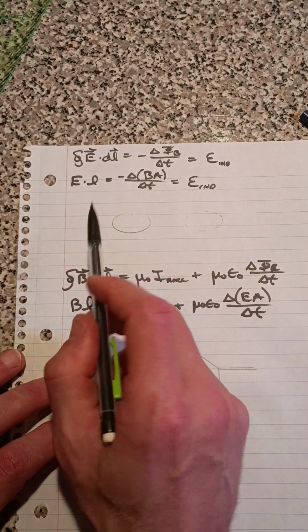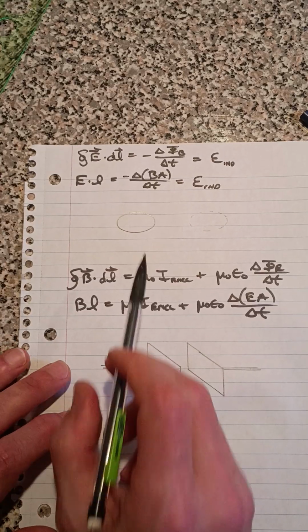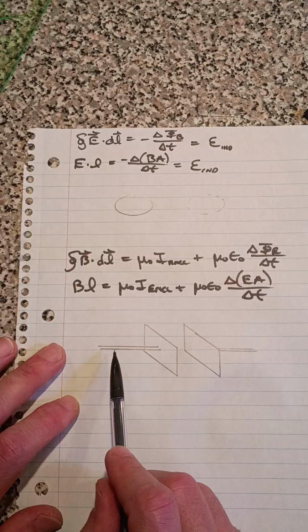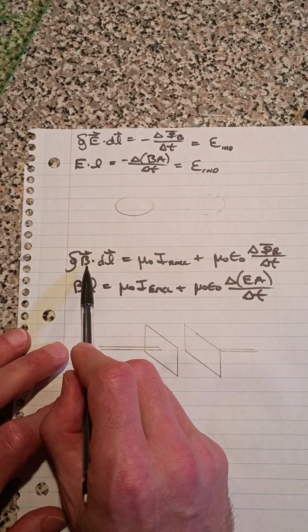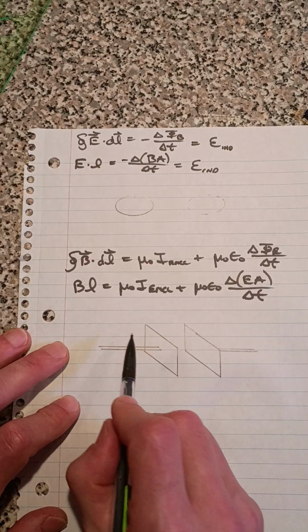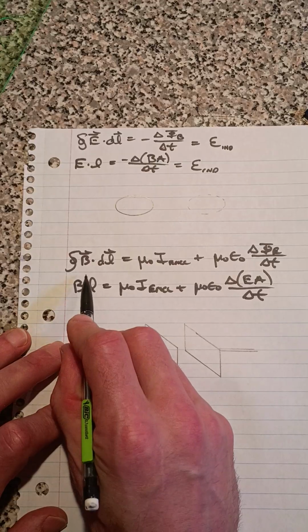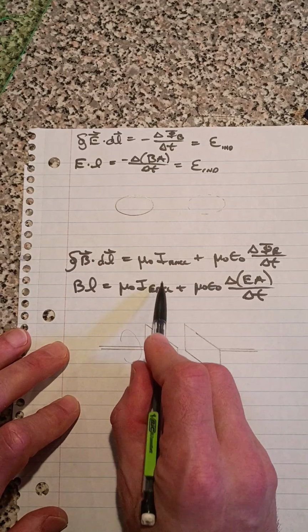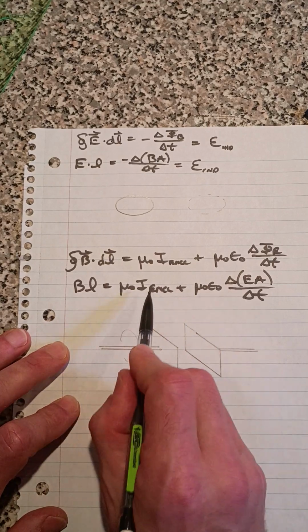Now, what is happening and what does Faraday's law mean? But before I get to that, let's look down here. This is Ampere's law. So this is saying that a magnetic field around this wire will be induced if there is current in the wire, right? You see how there's two parts to this equation.